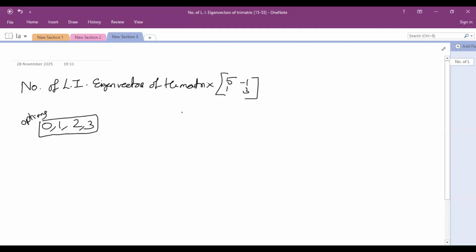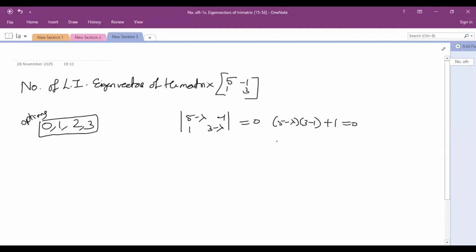Okay, so let's find the eigenvalues in this case, which would be 5 minus lambda, 3 minus lambda, -1, and +1. Which would give us 5 minus lambda into 3 minus lambda, plus 1, equal to 0.